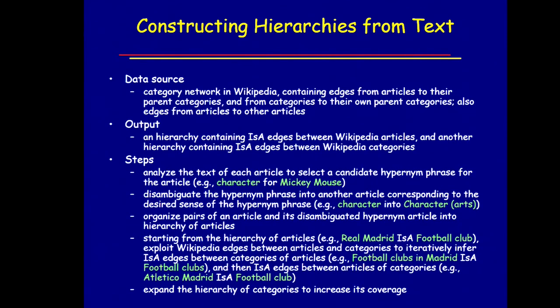There are two hierarchies that stay separate all the time, but we can go from one to the other very easily simply through this presence of categories for an article. You can just go from an article to its categories, and from a category to the articles that are listed under it in Wikipedia.